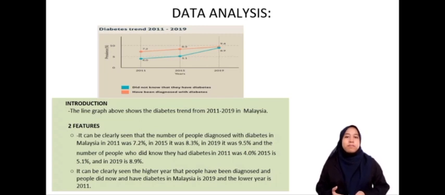And the number of people who did not know they have diabetes in 2011 was 4.0%, in 2015 it was 5.1%, and in 2019 it was 8.9%. Second, it can be seen that the highest year for people diagnosed and people who did not know they have diabetes in Malaysia is 2019, and the lowest year is 2011.